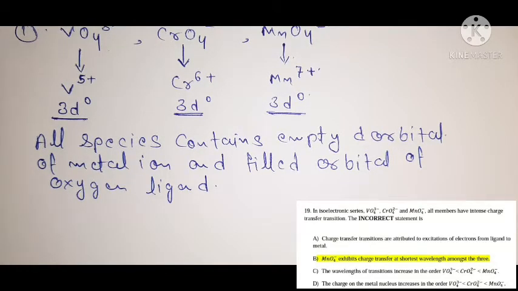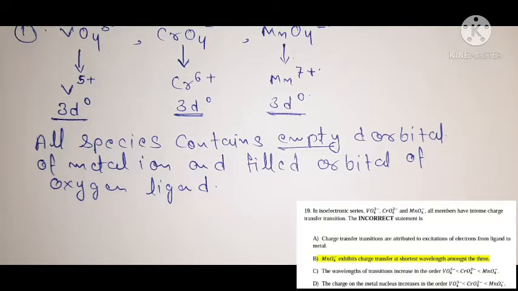Now we know very well that in coordination chemistry, when a complex contains empty d orbitals of the metal and filled ligand orbitals, there is a possible electronic transition from the filled orbitals of the ligand to empty orbitals of the metal ion.